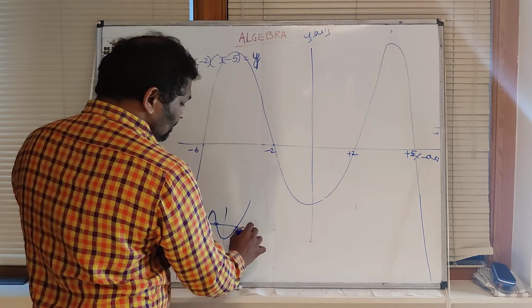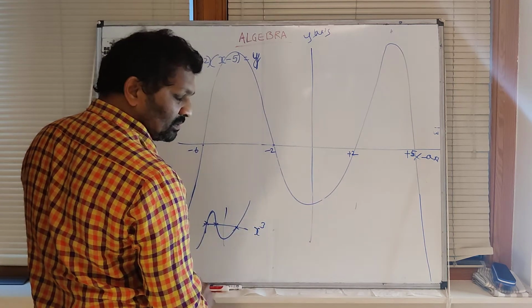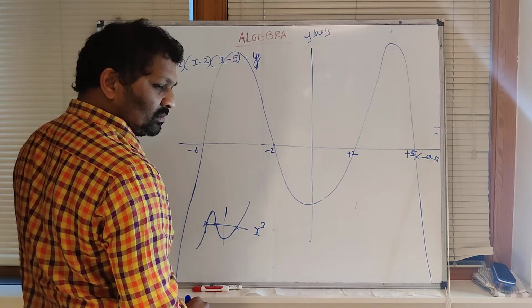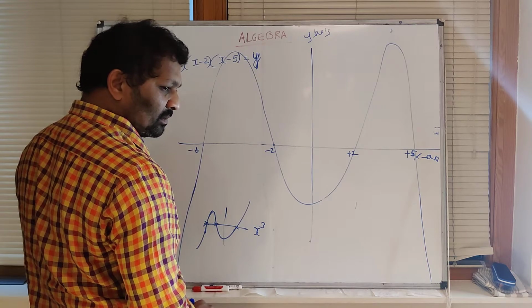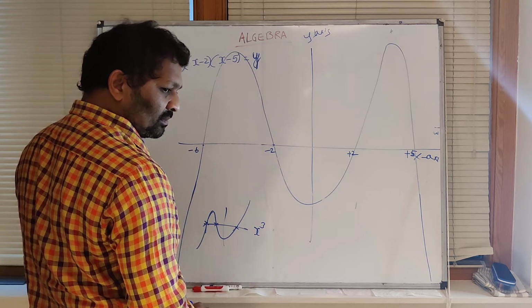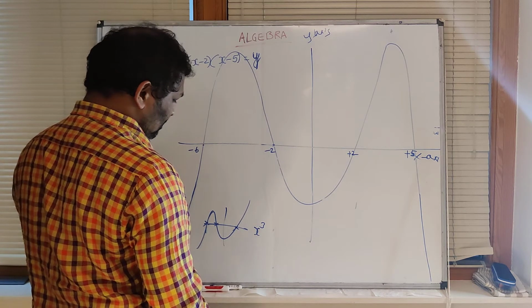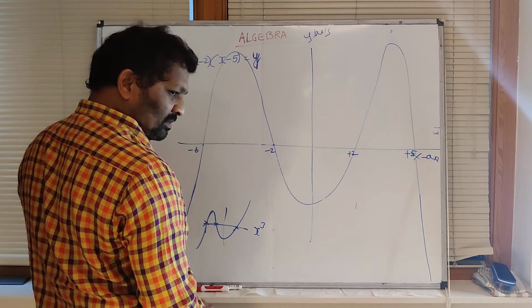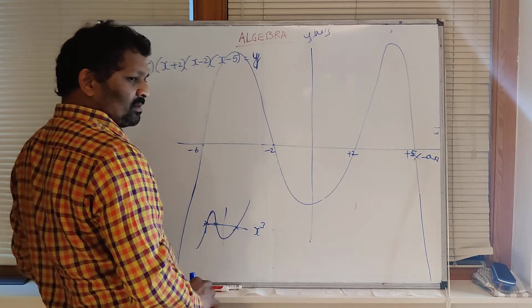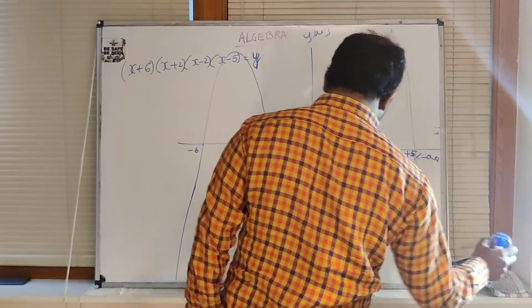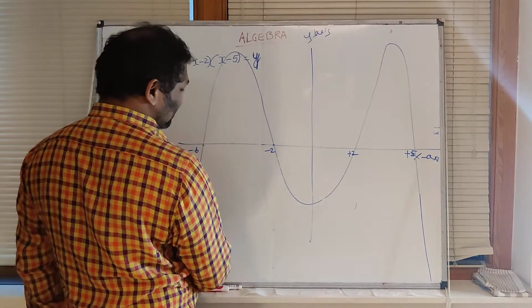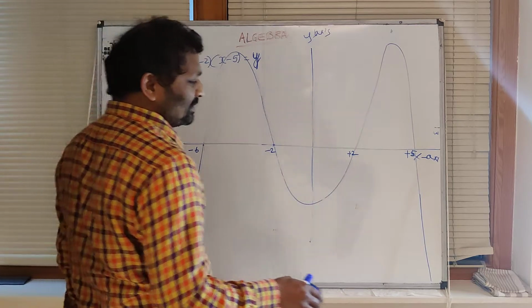So the maximum power of x will be x cube. I'm not able to follow your query. Anyway, we'll discuss later on. That's fine. Let's move on.